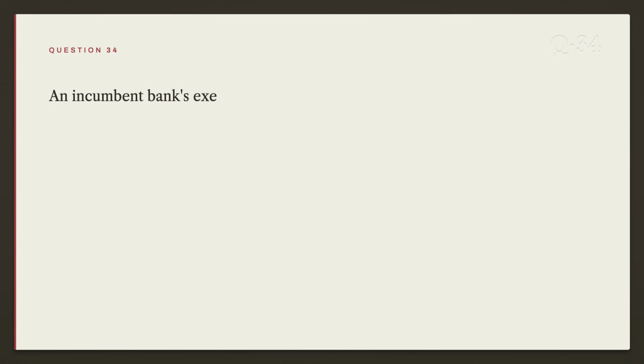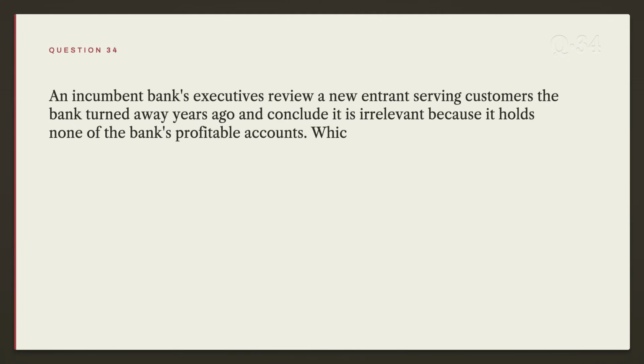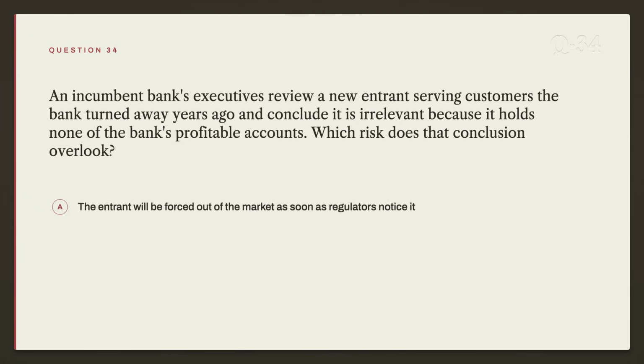Question 34. An incumbent bank's executives review a new entrant serving customers the bank turned away years ago and conclude it is irrelevant because it holds none of the bank's profitable accounts. Which risk does that conclusion overlook? Your options are: A. The entrant will be forced out of the market as soon as regulators notice it.